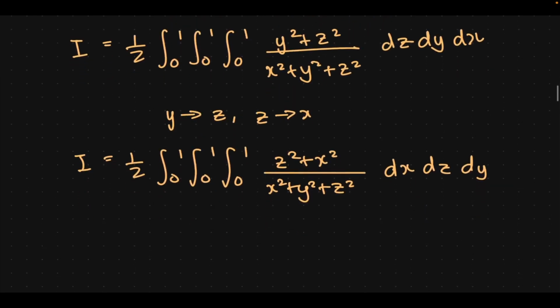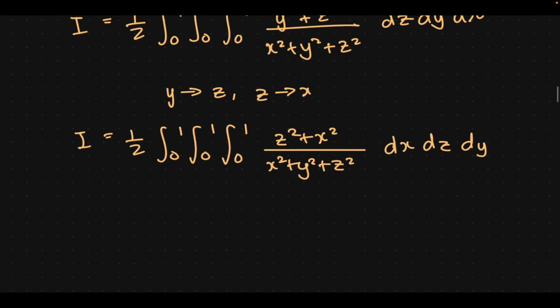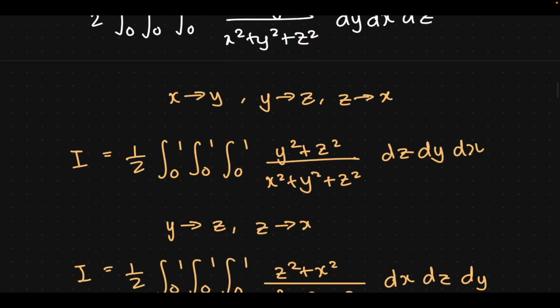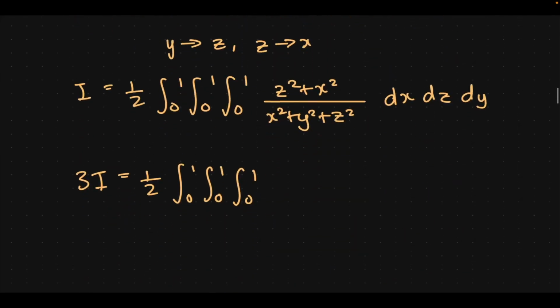And then we just add the 3 integrals up. So 3I is 1/2 integral 0 to 1, 0 to 1, 0 to 1 of the 3 integrals we obtained. This first one, the second one, and then this third one.